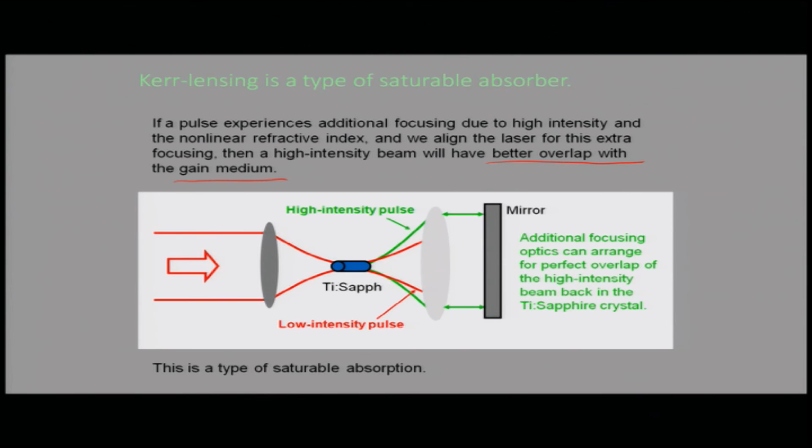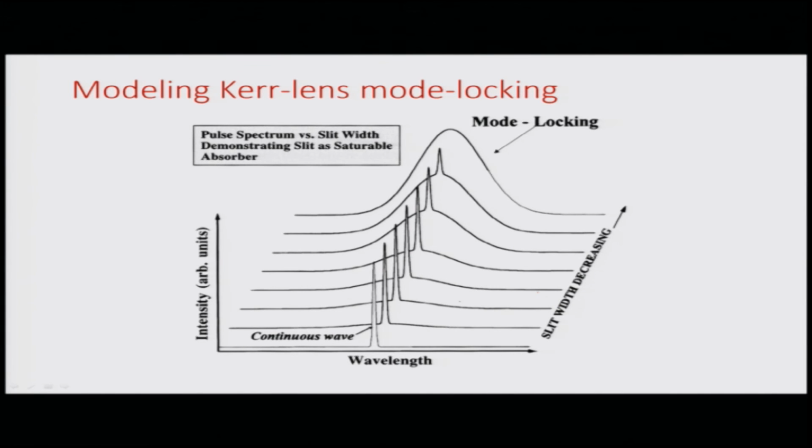This additional focusing optics can arrange for perfect overlap of the high intensity beam back into the sapphire crystal, and that is what is being used for this particular purpose. The low intensity beam unfortunately does not get the advantage, and so it gets lost, and only the high intensity beams survive and finally produce the short pulses.